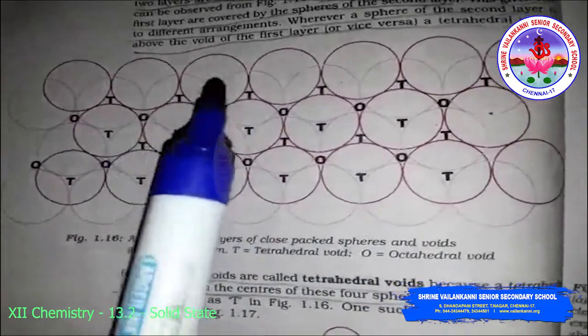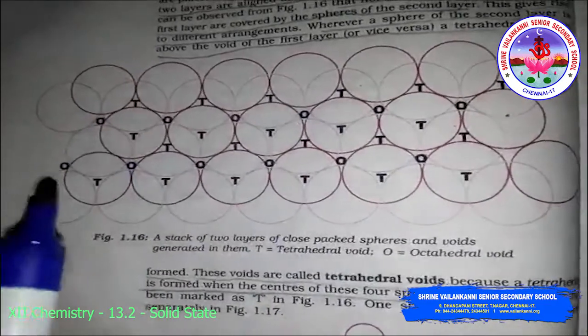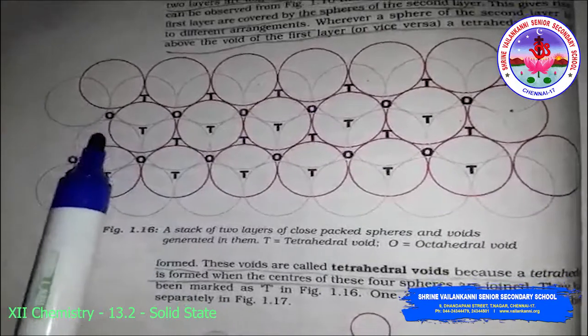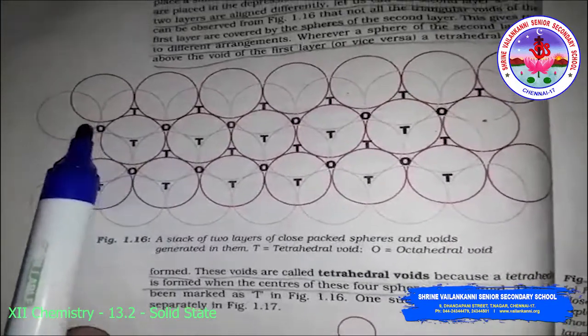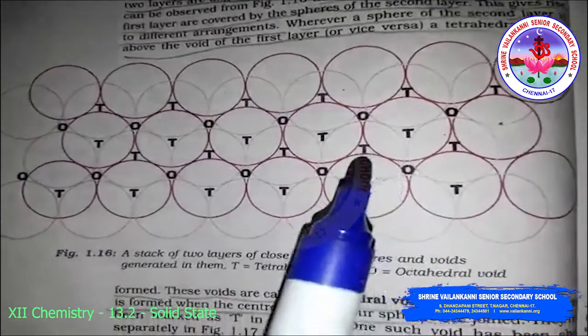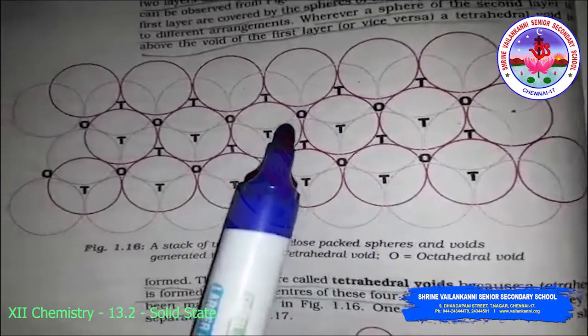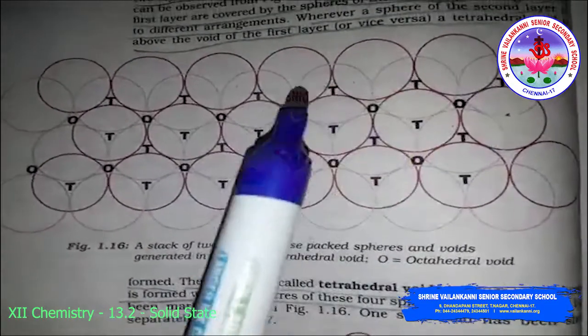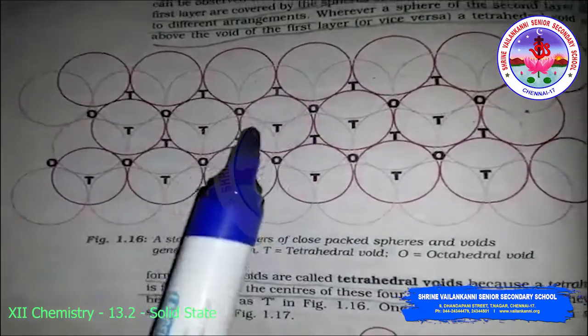Look at this diagram, you can see this placement and this arrangement. Not all the triangular voids of the first layer are covered by the spheres of the second layer. Look at the voids. This gives rise to different arrangements.